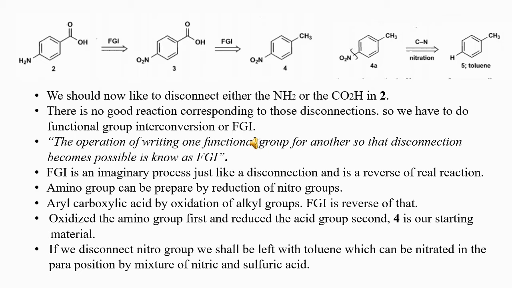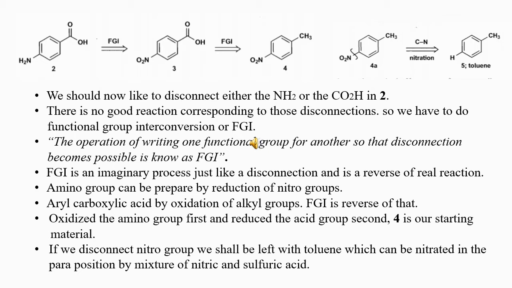So by the oxidation, 4 is our starting material, so we can just do the oxidation of the side chain in 4. A methyl, alkyl, any side chain can be oxidized using KMnO4. So we can get compound 3 by simply oxidation of compound 4.